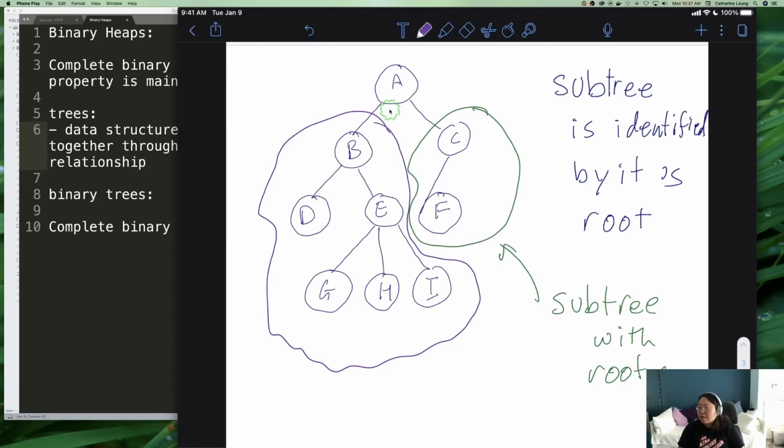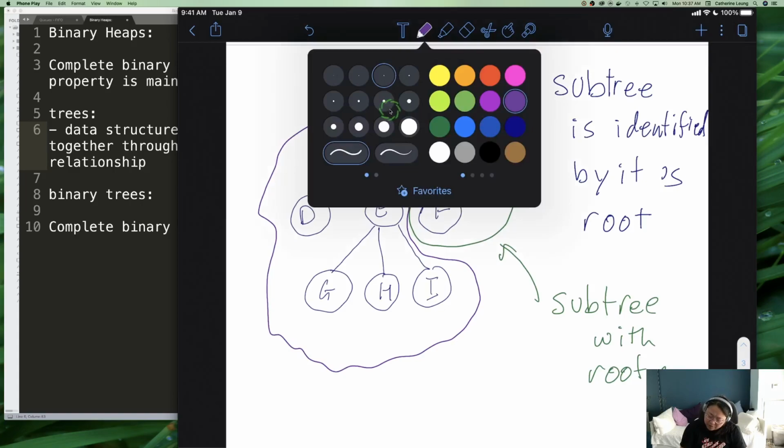Who can tell me? Sorry, habit. So right now, tell me what is the root of this subtree that I circled in purple? What is the root of the subtree that I just circled? Okay, pause the video.